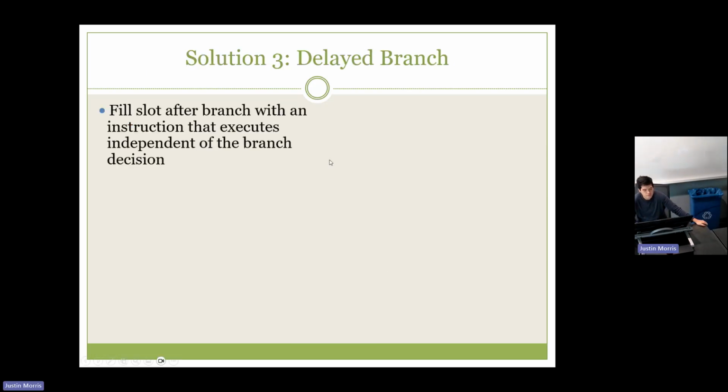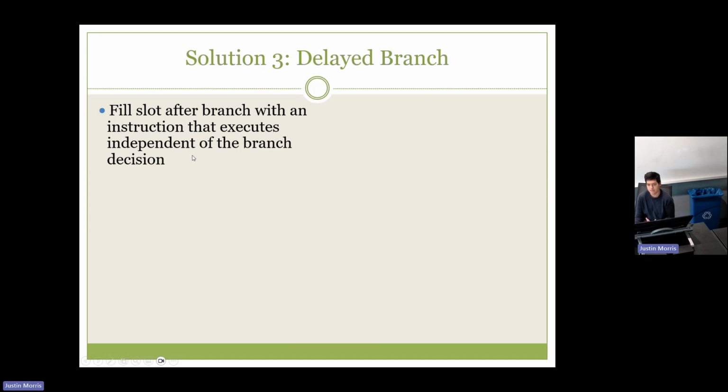Alright, so here is a different solution that we didn't fully cover. We talked about what it is, but it's called the delay branch. And the way that we're going to solve the branching problem is by filling the slots after the branch with an instruction that executes no matter what the decision of the branch is.